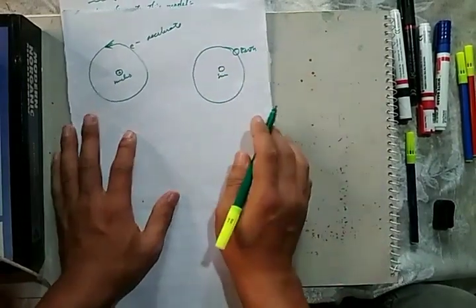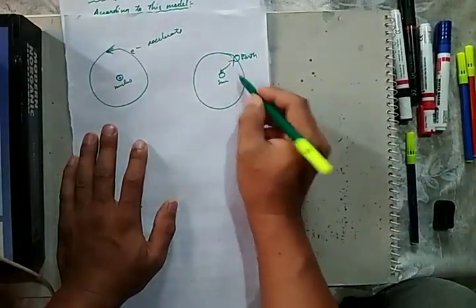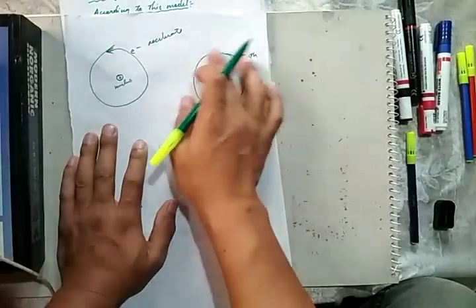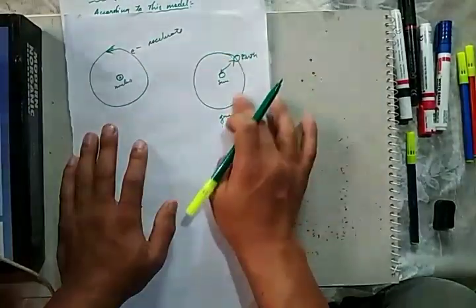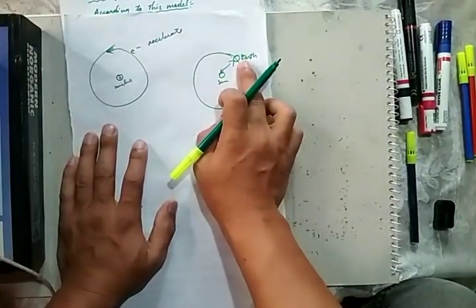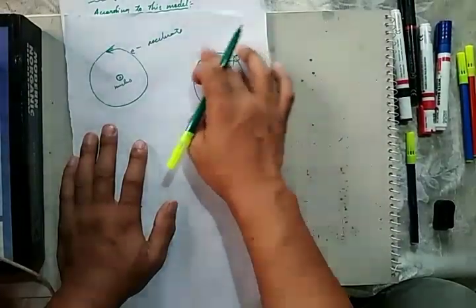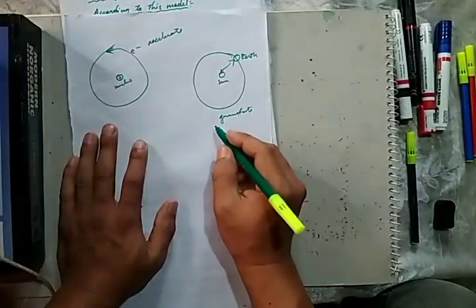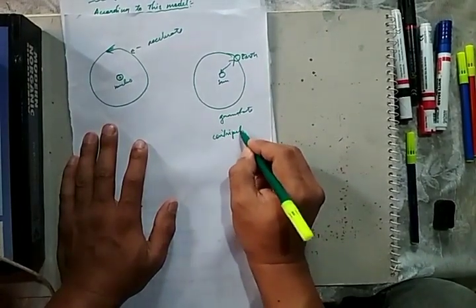Take the Earth: there is a gravitational force of attraction between the Earth and the sun. Due to this gravitational force, the Earth moves around the sun, and in physics we call this force the centripetal force.